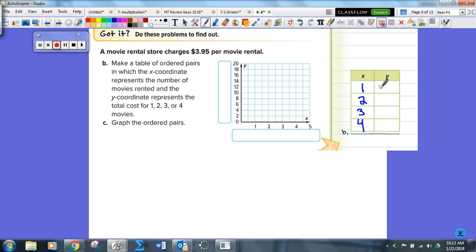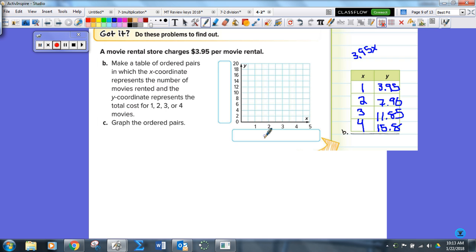So to find my Y, I'm going to multiply $3.95 times X. So that gives me $3.95, $7.90, $11.85, and 4 times $3.95 is $15.80.